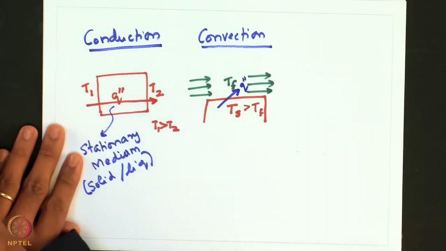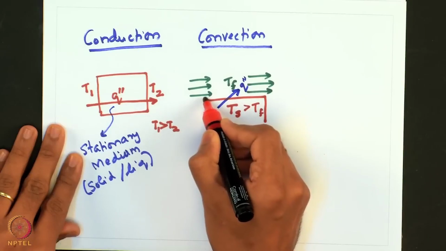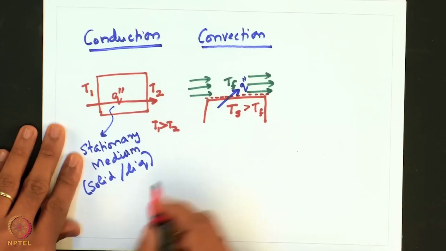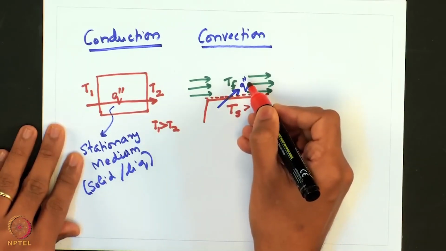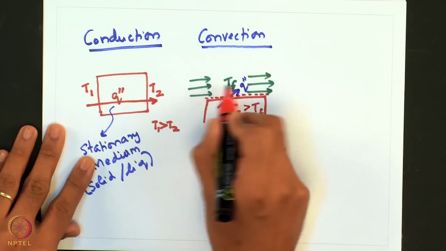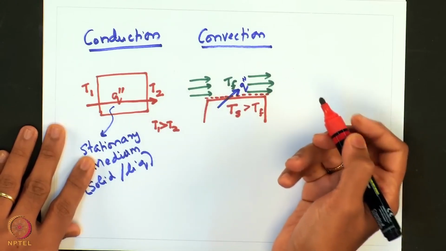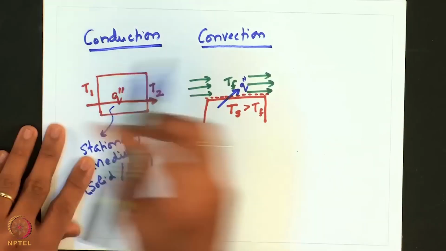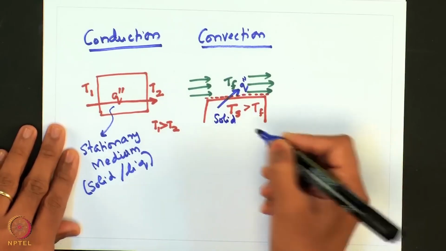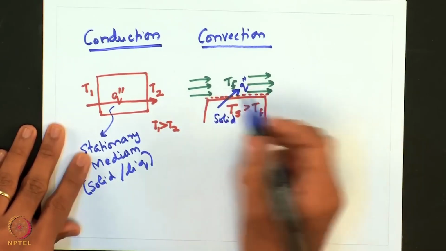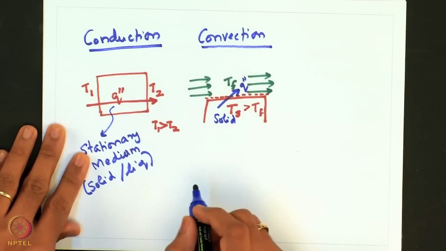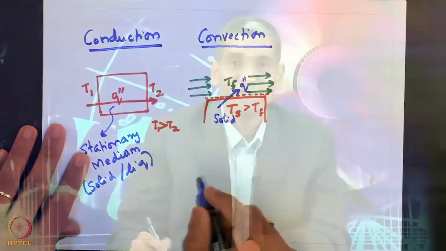And there is a thin interface between the solid and the fluid, and the heat is transported from the solid to the fluid stream through this interface, and the heat is eventually carried by the fluid stream. Such a heat transport, where the energy is transferred from a solid into a fluid phase which is flowing with a certain velocity, is called the convective mode of heat transport.